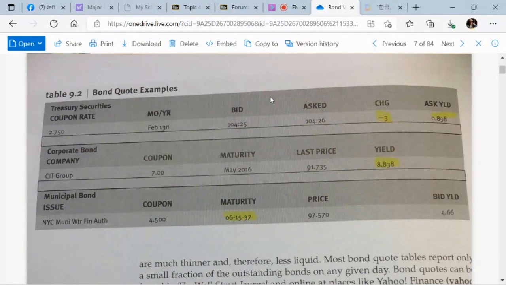So there will be a difference between bid and ask, and actually in the middle there is a dealer, who intermediates between the bid price and ask price.